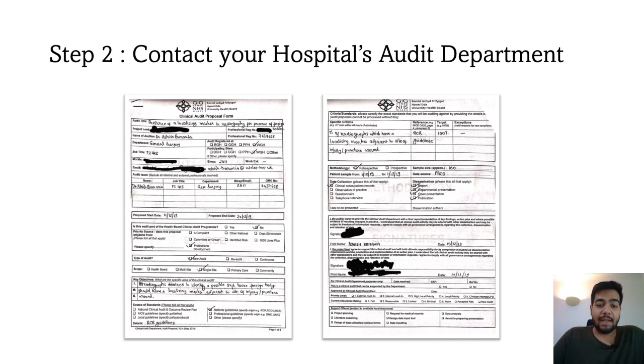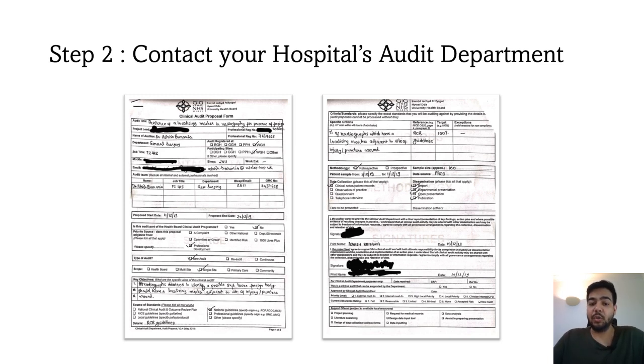The proposed start date, then the proposed end date, then I need to fill in other types of details, such as what is the type of the audit, and what is the scope of the audit, and what are the key objectives of this audit, what are the standards which I've used, which was the national guidelines or the Royal College of Radiologists guidelines, and I need to put in what are the criteria or standards which I was going for, and then I will be putting the methodology.